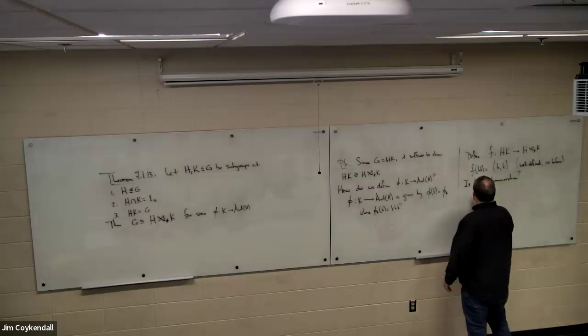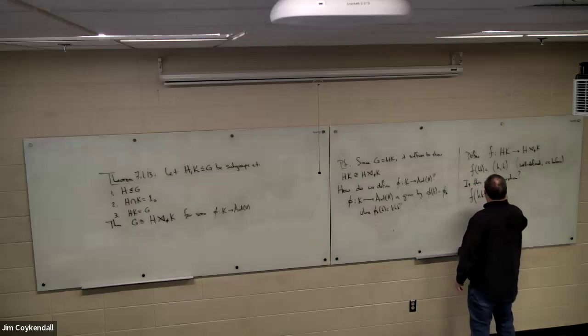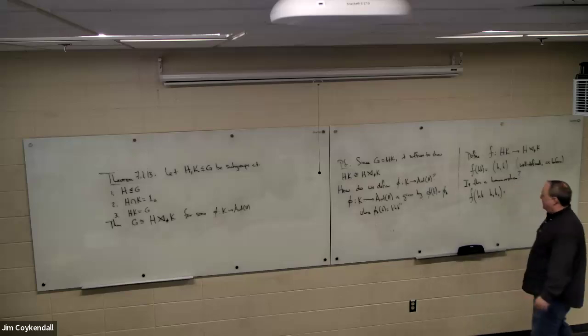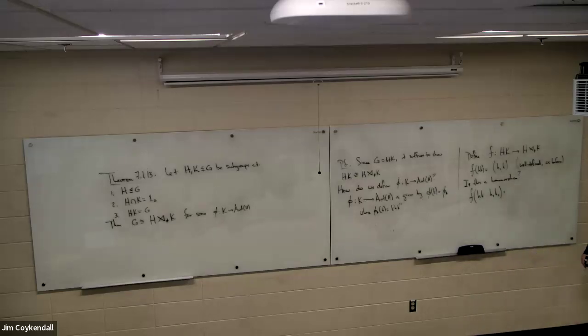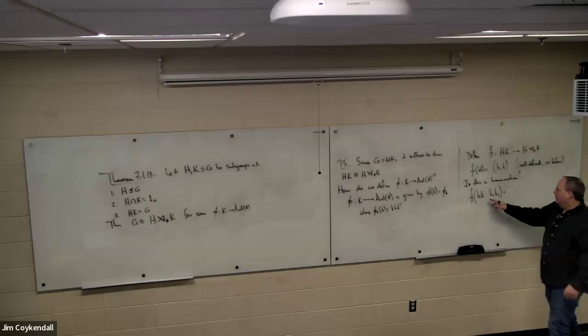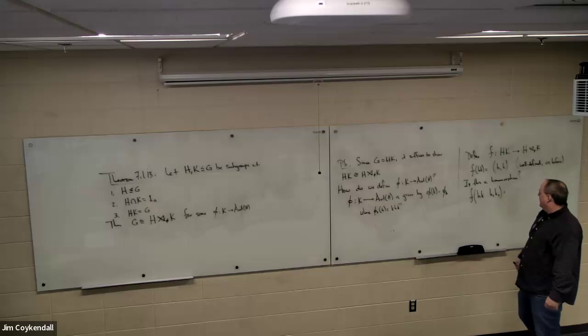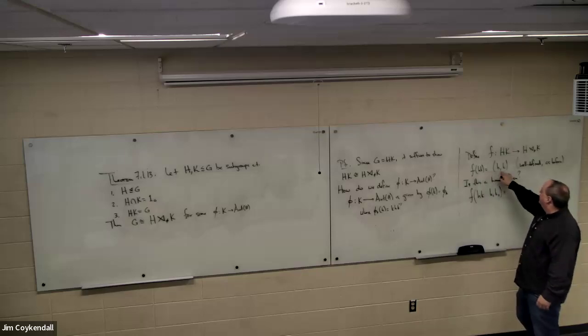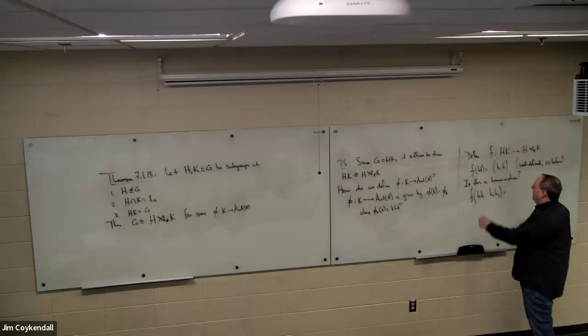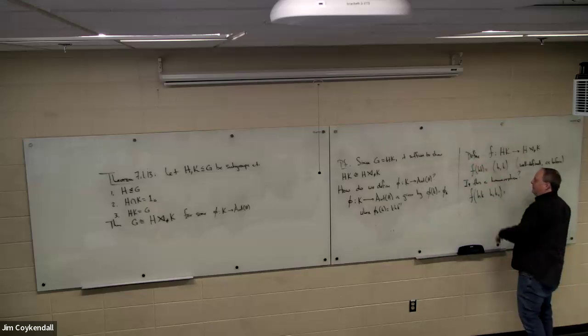Well, let's see what happens here. Let's look at f of hk times h1k1. Now, I need to be able to rewrite this as I would desire, right? This function was only defined when I have an h times a k.